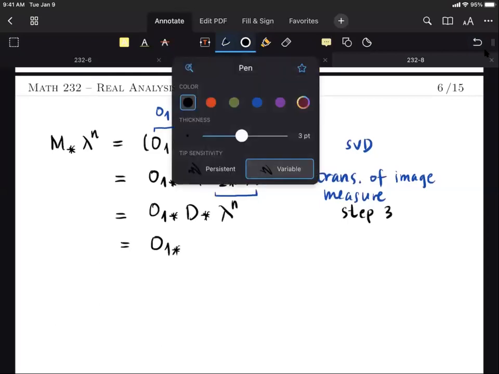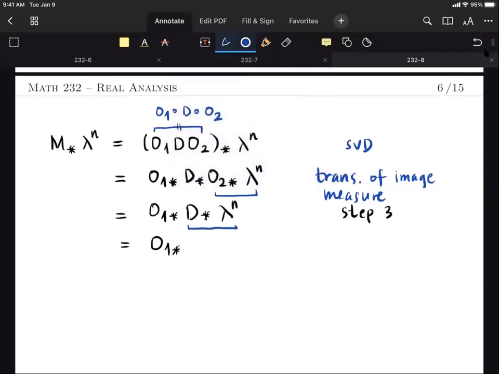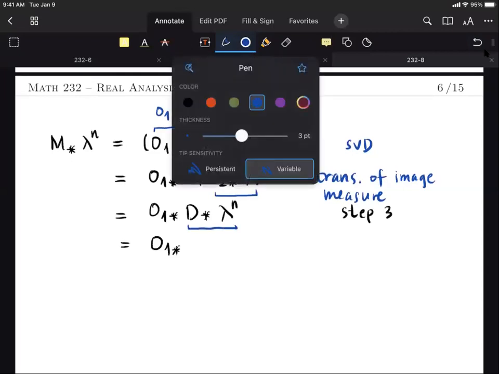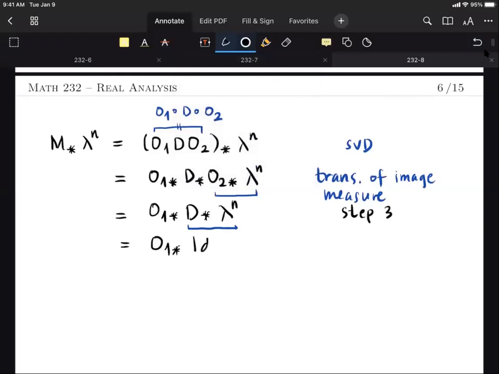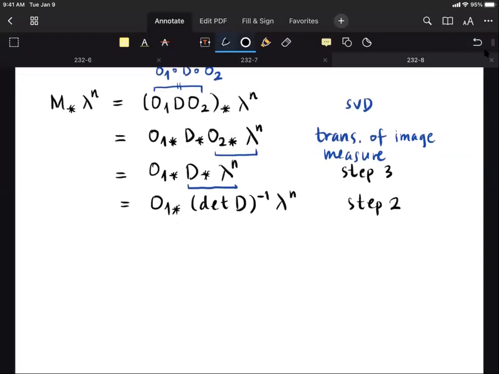Now we consider this according to step 2. This is the absolute value of the determinant of D inverse. Since the determinant is positive, I can just simply write this as the determinant of D inverse lambda n. And this is our step 2 in the case of diagonal matrices.